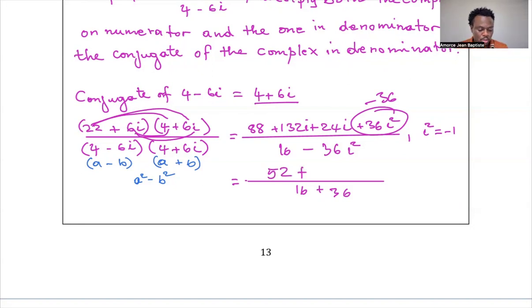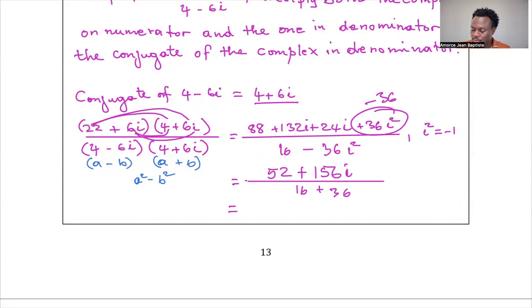Plus 132 plus 24, 156. And then now we have 52 plus 156, that's 208. Actually, no, that's 156i. So we can add them.